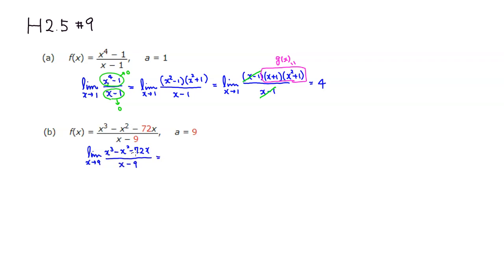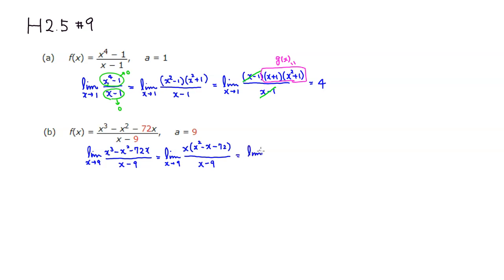Then I'm going to go ahead and factor this guy out. So you have the limit as x approaches 9, and it seems like every term has x in it, so I'm going to pull out x, right? Then you have x squared minus x minus 72, and I think we can factor even further, so I'm going to do that.